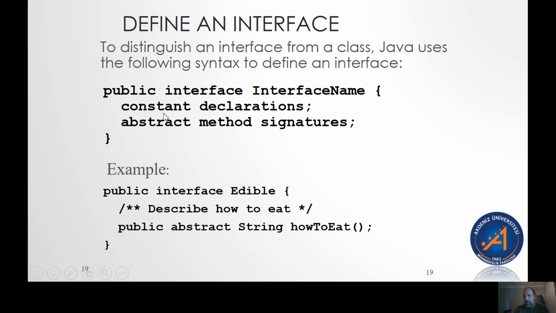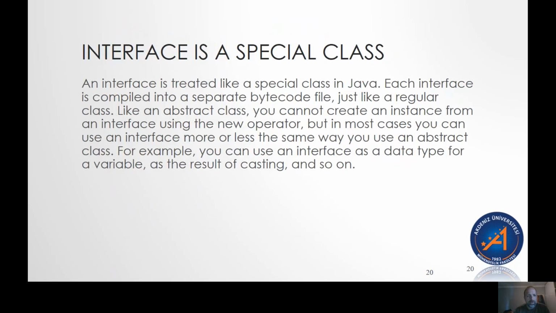We can have some constants and abstract methods, and anything that inherits from the interface is going to, just like with classes, it's not extends, it's implements. Anything that implements the interface is going to have to make concrete these abstract methods. So again, an interface is a special class.